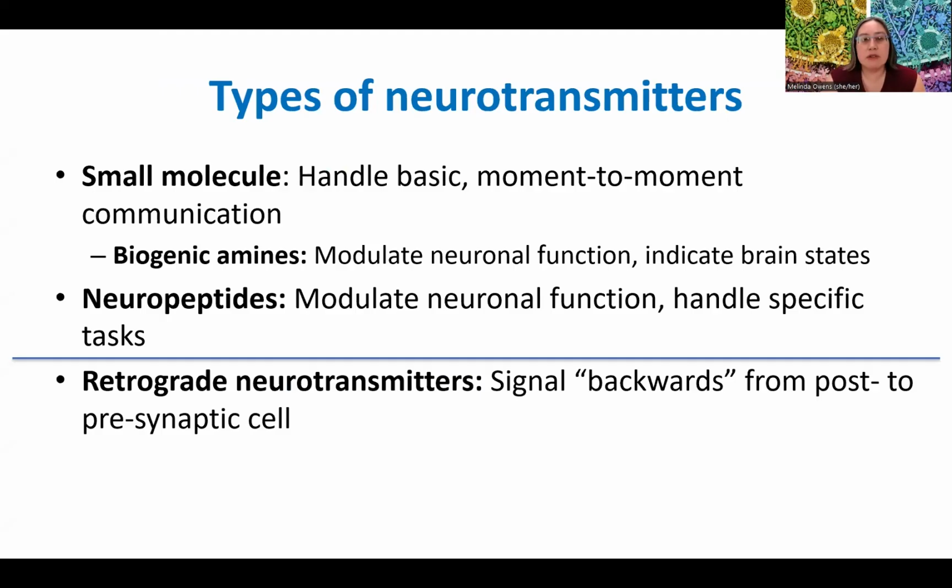In contrast, the neuropeptides also modulate neuronal function, but each one handles specific tasks. There are a great many different neuropeptides used in the brain, and they each have a specific job. Retrograde neurotransmitters are interesting because they signal backwards from the postsynaptic to the presynaptic cell. That's backwards relative to what we've been talking about at chemical synapses. I'll talk a little bit more about that.